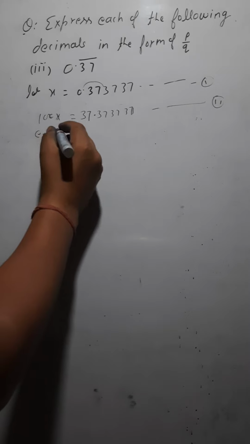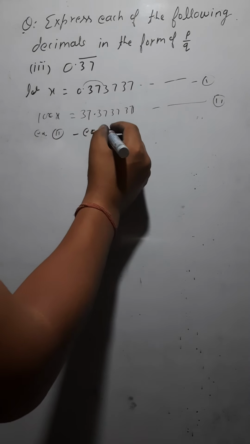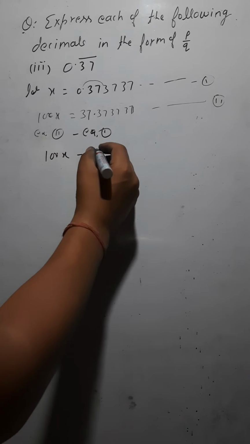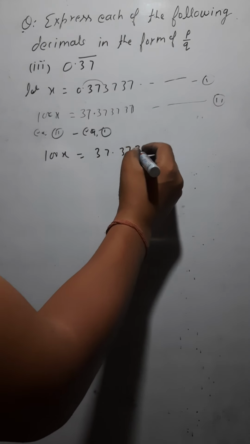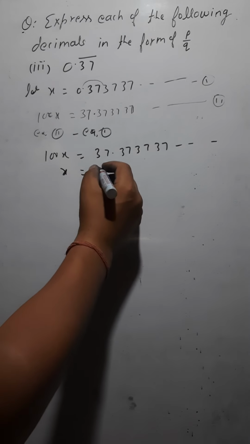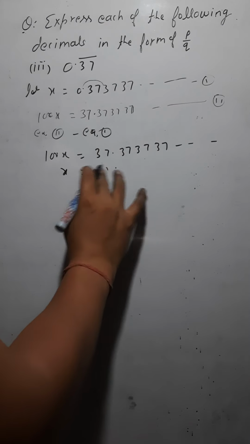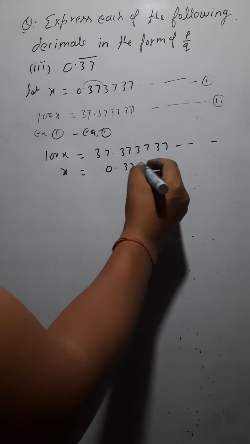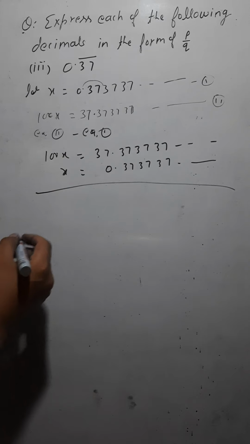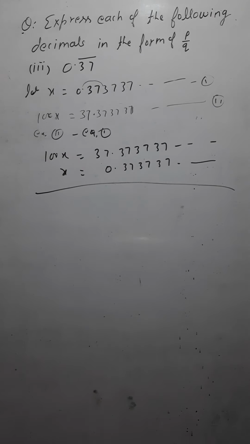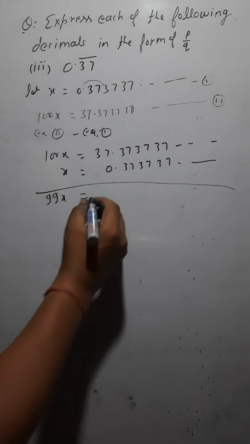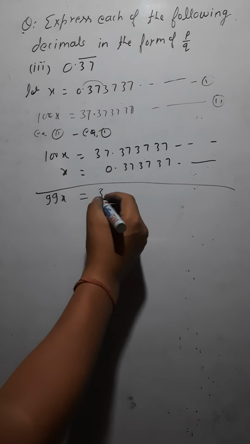Write here equation 2 minus equation 1. So if you see, here you have 100x is equal to 37.373737. Here you have x is equal to 0.373737, etc. Okay. Subtract this. 100x minus x is how much? 99x would be equal to 37 minus 0, which is 37 point.